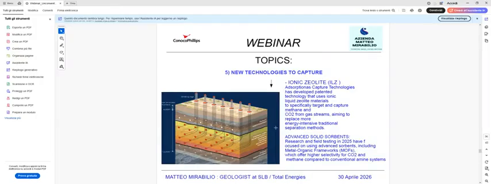Advanced solvent research and field testing in 2025 have focused on using advanced solvents, including the metal organic framework, called MOF, which offers high selectivity for CO2 and methane compared to conventional systems.